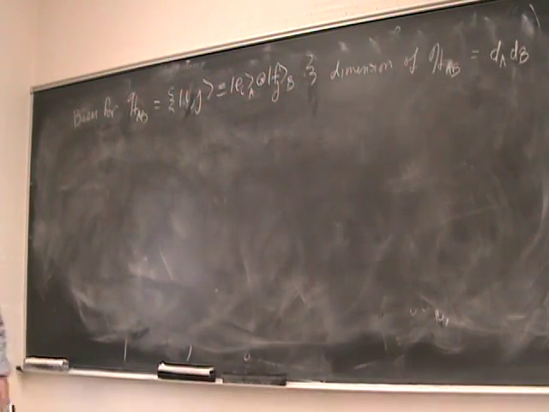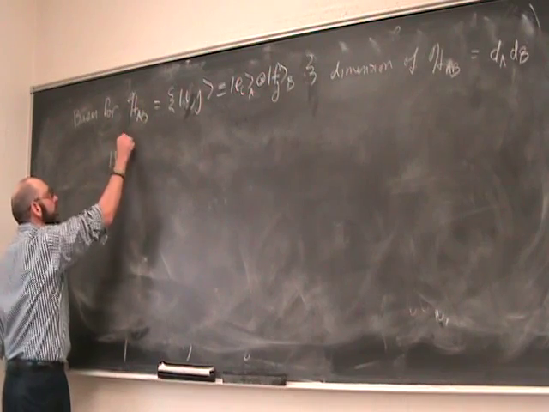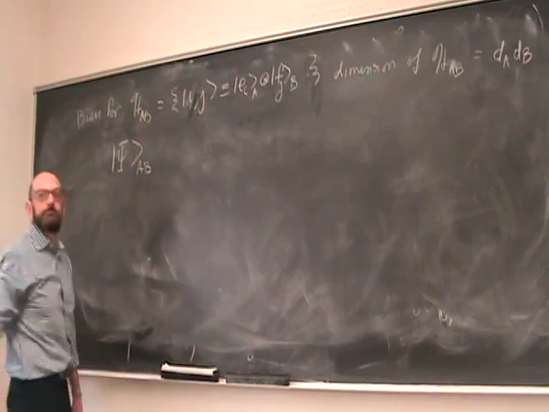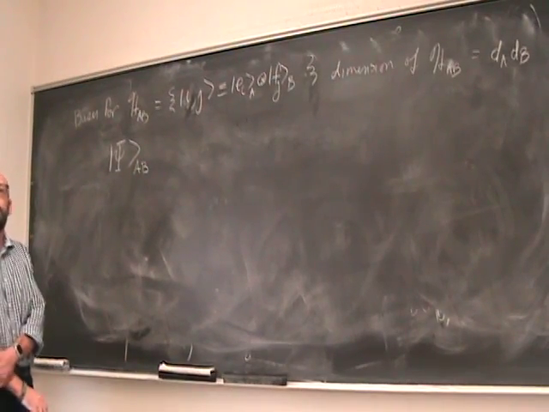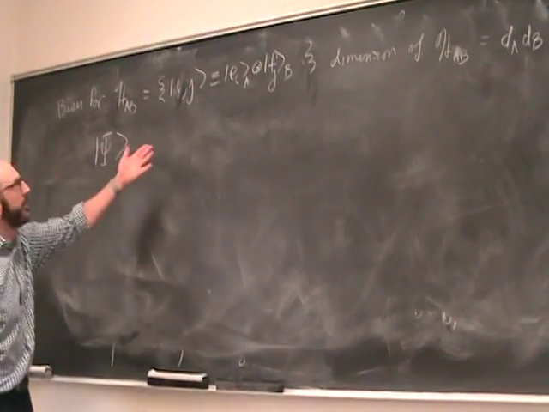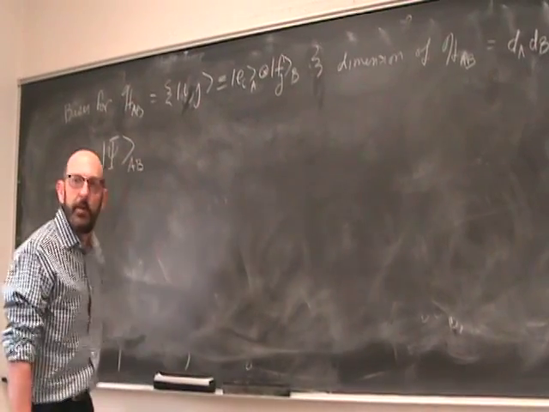Okay? So now, I can ask, for example, about the probability if I have some state on the joint Hilbert space. I can ask about the probability amplitude in this particular basis.